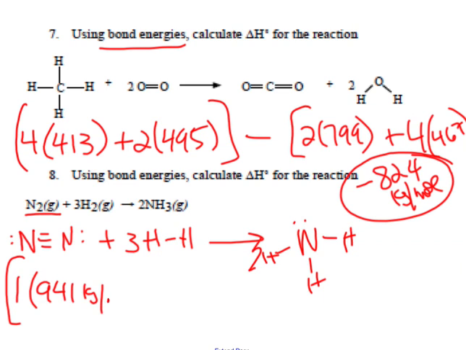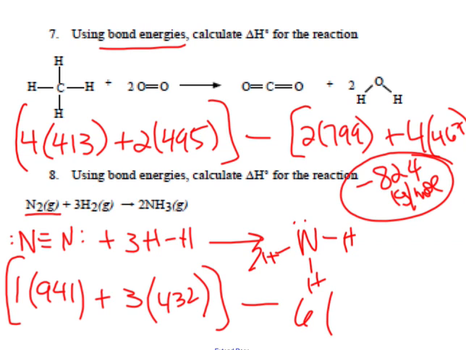941 kilojoules per mole. Well, I don't need the units. We'll do that at the end. Plus 3 HHs. 432. All right, that's broken, minus how many NHs do we have? 6 NHs. There's 2 molecules, but there's 3 NHs in each.